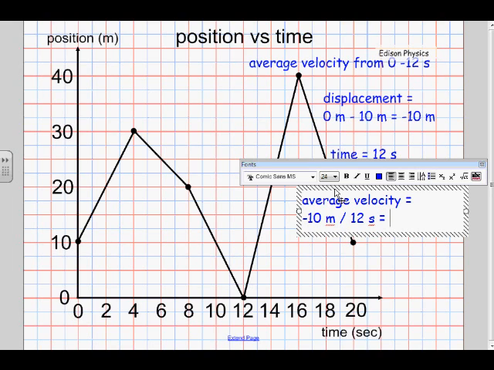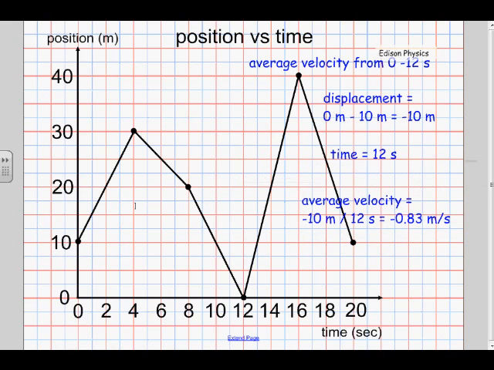I think it's about 0.84, but let's check. And it's actually negative 0.83 meters per second. So my average velocity for 12 seconds on this graph is negative 0.83 meters per second.